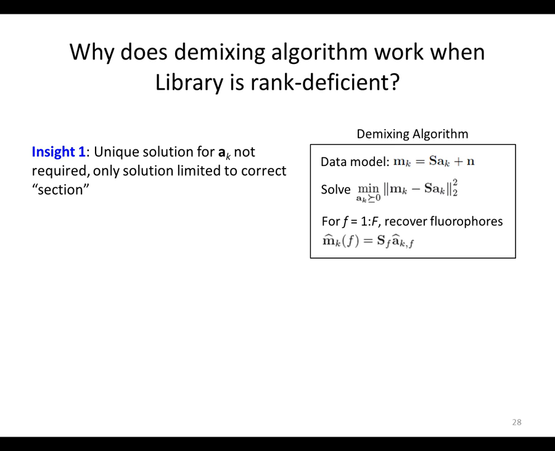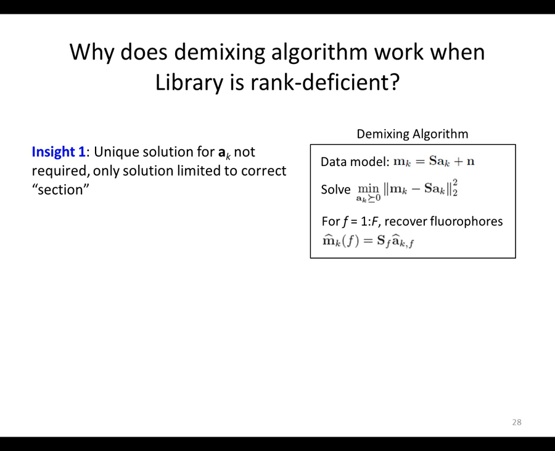So if my solution is not unique, if there are multiple solutions that give me equally good estimates of my fluorophore signature, that's okay with me. All I need is for my solution to be limited to the correct section of the matrix in order for me to recover the underlying signature like this.